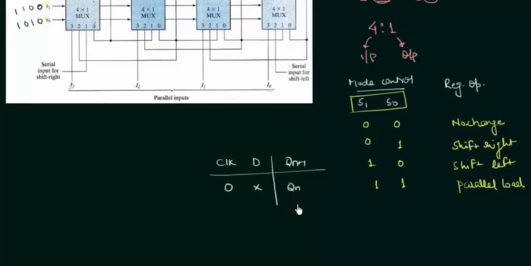So we have memory. When clock is high and D is low, the output is going to be low. When clock is high and D is high, the output is going to be high. So simply, whatever the value of D, it is going to be stored in our flip-flop. If it is 0, the value stored in the flip-flop is 0. If it is 1, we have 1 in our flip-flop.